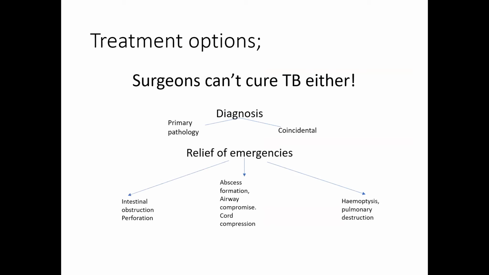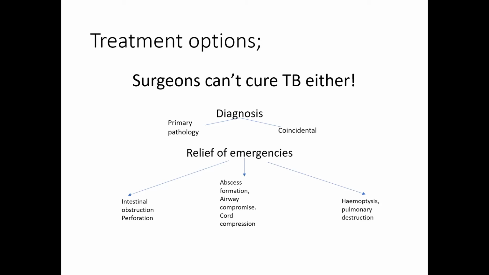And sorting the tuberculosis from the primary pathology is often difficult. And of course, we are able to relieve emergencies. And those, as you've heard outlined, are intestinal obstruction and perforation, abscess formation with airway compromise, spinal cord compression is a particularly distressing presentation of tuberculosis.